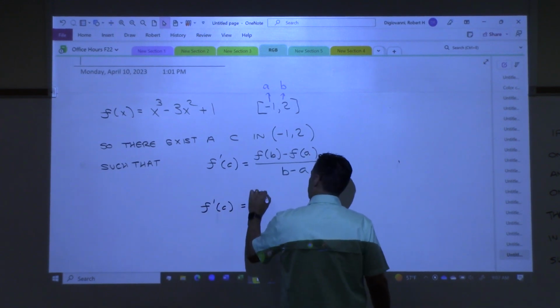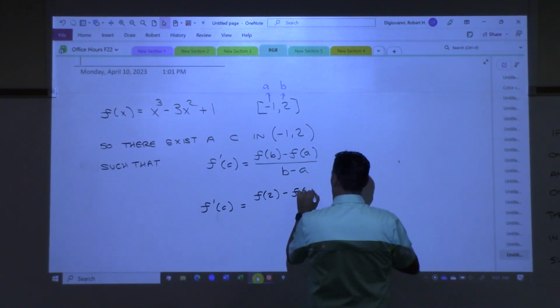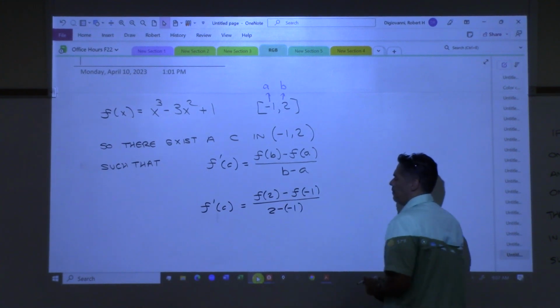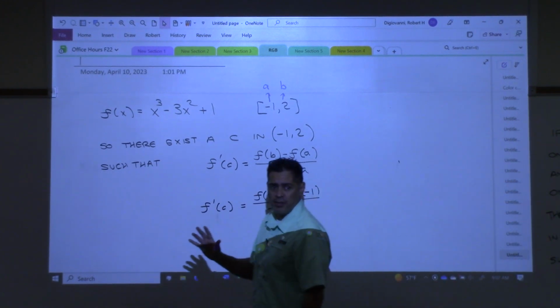All right, that's f of 2 minus f of -1 over 2 minus -1. Right? All I'm doing there is replacing the b and the a. Any questions?